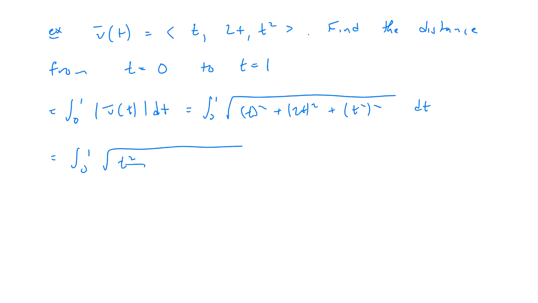I was going to put them together, but then forgot I can't just erase a little piece. So I get the t squared plus 4t squared plus t to the fourth.